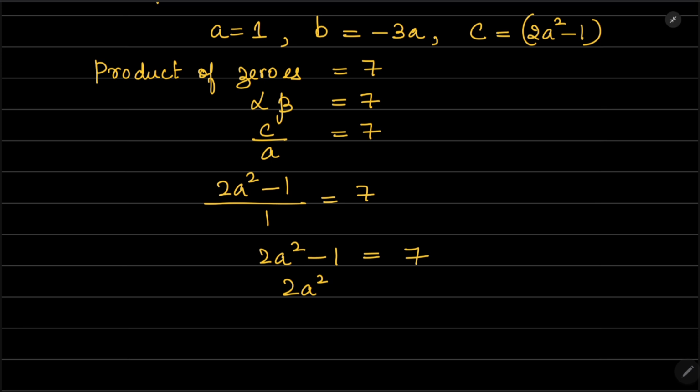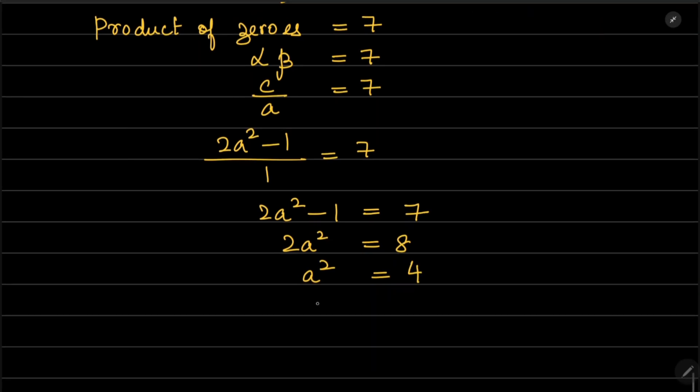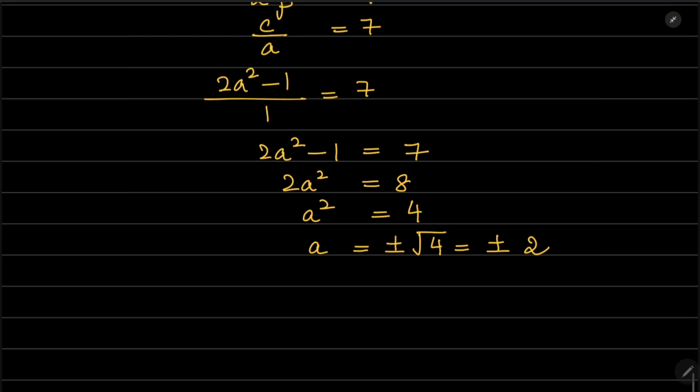So you have 2a square equal to, plus minus 1 will go to the other side, it will become plus 1. 7 plus 1 is 8. A square equal to 8 by 2, which is 4. A is equal to plus or minus square root of 4, which is nothing but plus or minus 2. So a can either be 2 or a can be minus 2. Either way it is possible.